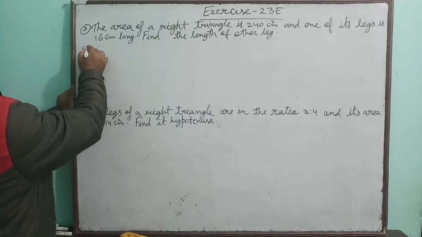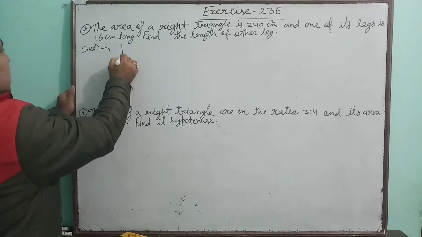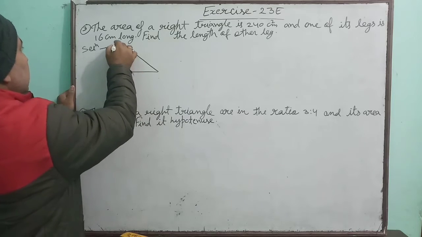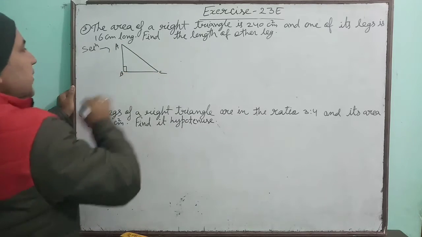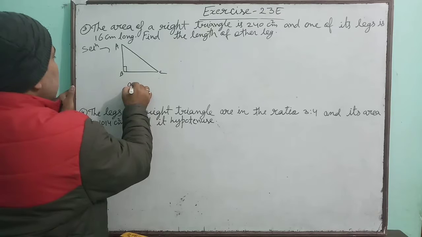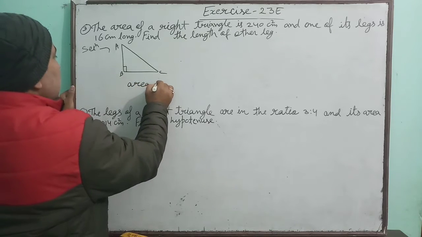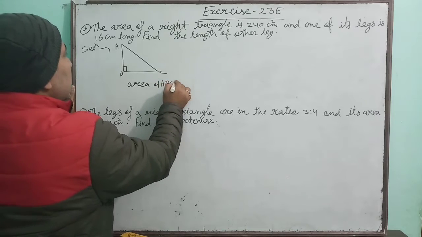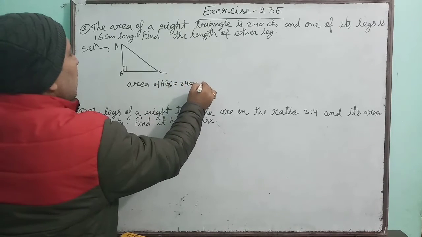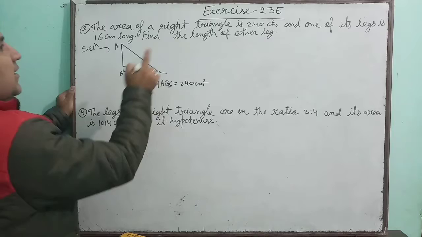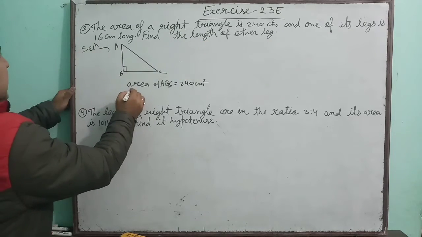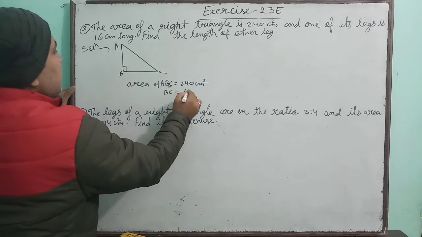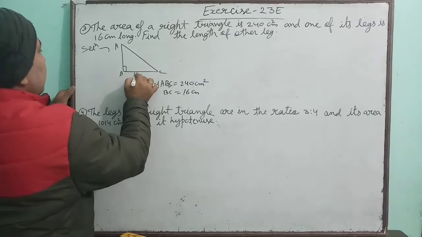See what is the question saying, children? Suppose this is the right triangle. Suppose it is ABC. So area of triangle ABC is equal to 240 centimeter square and one of its legs is 16 centimeter. So suppose that BC is 16 centimeter.